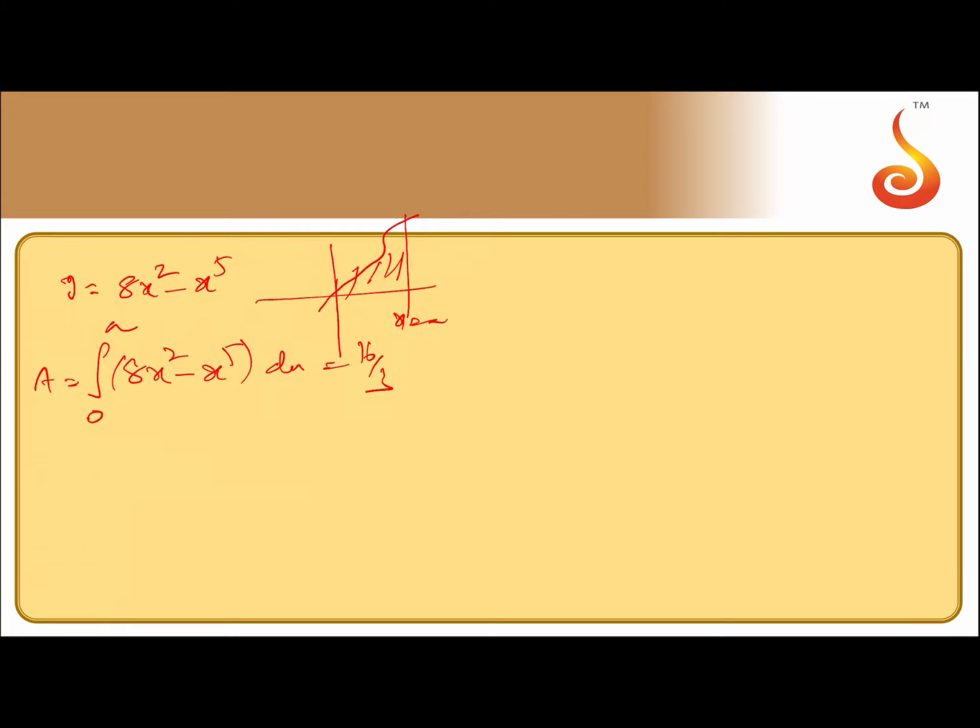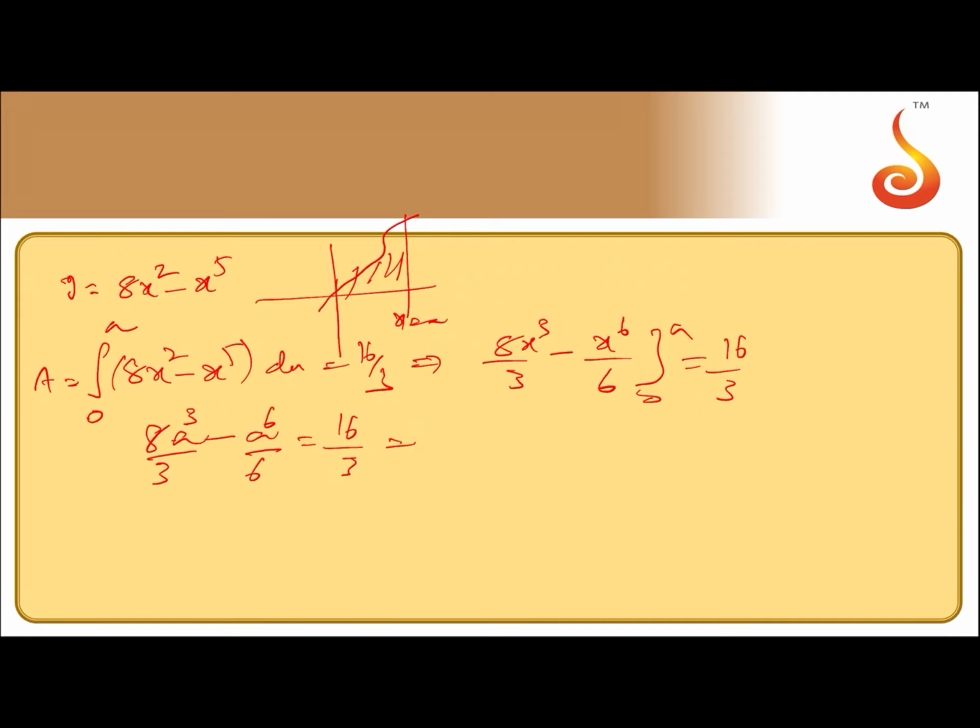We need to evaluate the value of A. Let me simplify this. It is 8x cube divided by 3 minus x power 6 by 6, with limits from 0 to A equal to 16 by 3. When you substitute, you'll be getting 8a cube by 3 minus a power 6 by 6 is equal to 16 by 3.